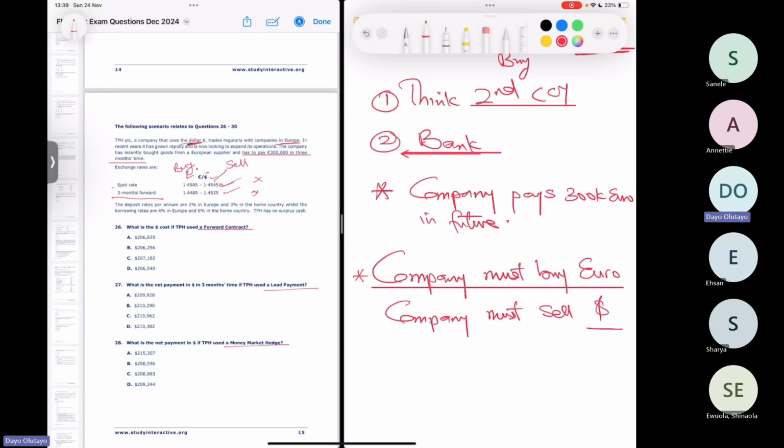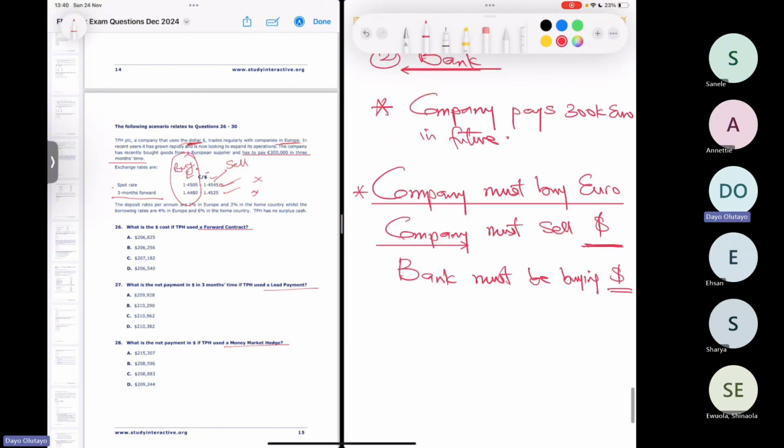Now we are in the second currency that we want. However, we need to know what the bank is doing, not the company. And if company is selling dollar, they are selling to the bank. And in that case, bank must be buying the dollar. So if bank is buying the dollar, then we are looking at buying rate.